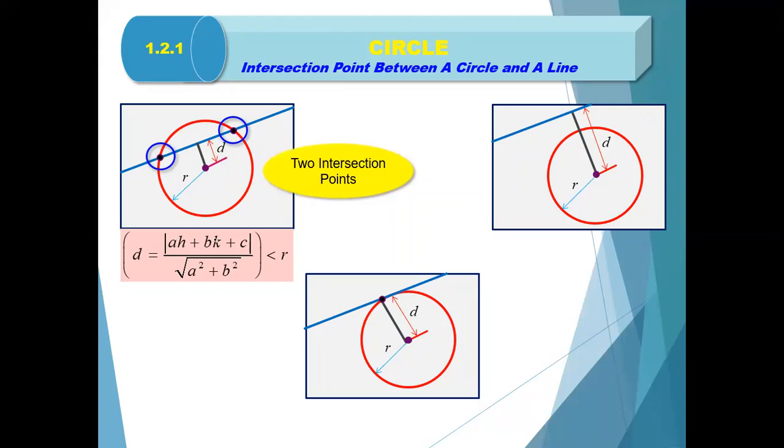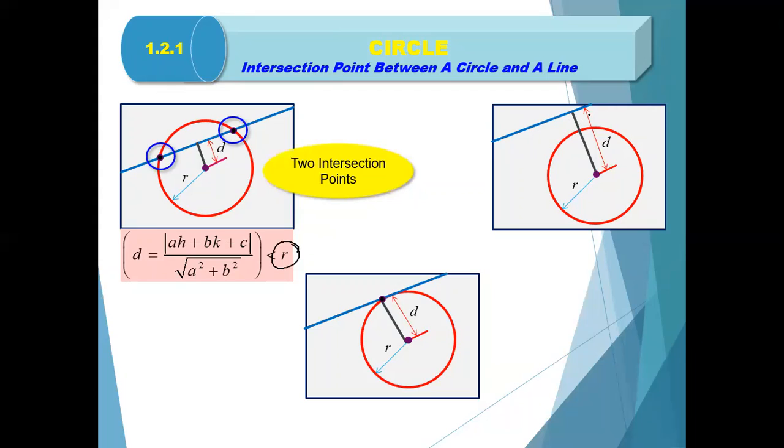So D is the modulus of Ah plus Bk plus C over square root of A squared plus B squared. So we will have two intersection points where D is less than R.